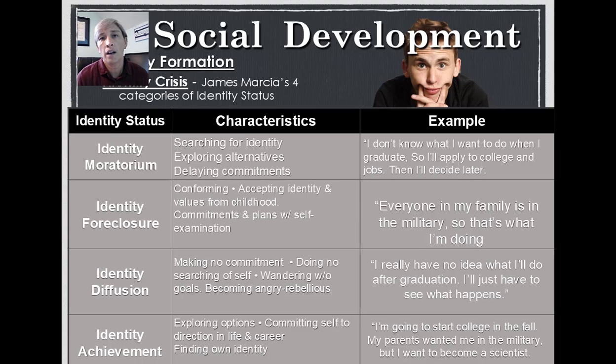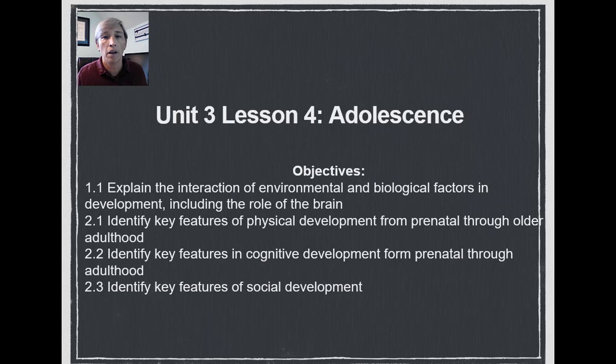When we get to high school senior status, we have to make decisions about who we are going to become. Well, at a very early age, especially, our prefrontal cortex still is developing. So how do we equip ourselves to handle these big, complex decisions? Well, sometimes we don't, depending upon where we are in the status. So Marcia says we come across these crises, these decisions that have to be made, and sometimes we're successful with answering those crises, and sometimes we're not. And if we're not, we might be playing video games for a long time.